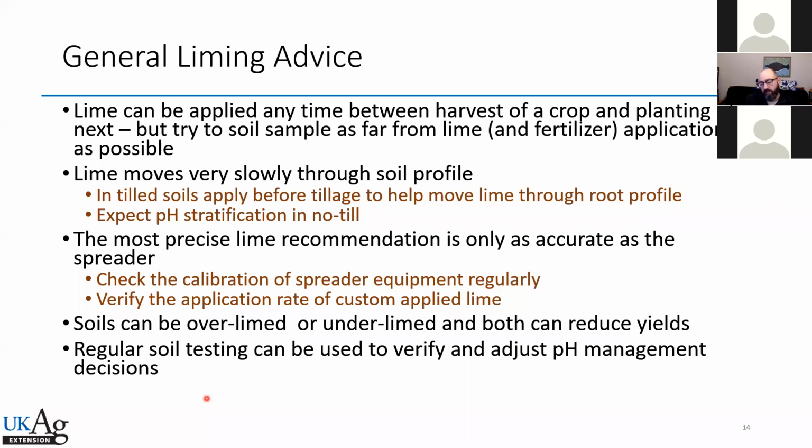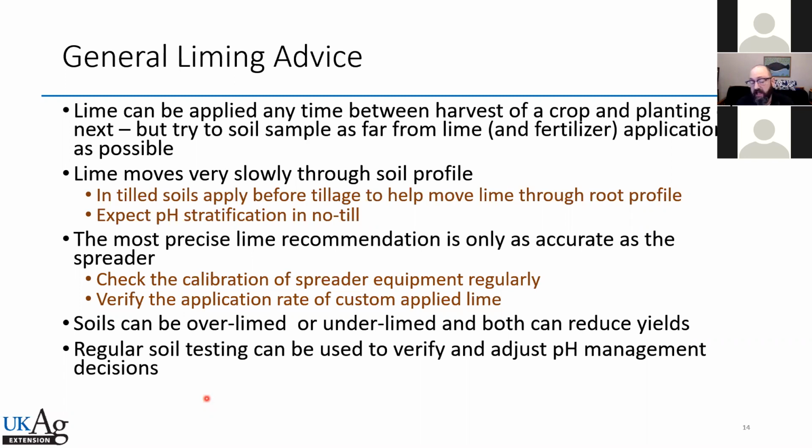And if you're adding a little bit every year, it's just going to constantly leak down through the root profile. Rule of thumb is that lime works its way down about 1 inch per year. So if you're applying a little bit of your lime every year, it's just going to be constantly a wave of that lime moving down through the soils, which is a good thing.